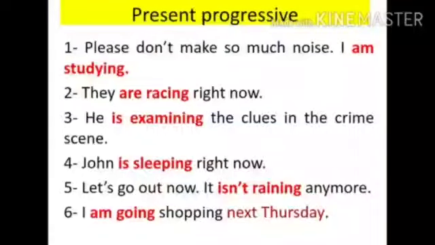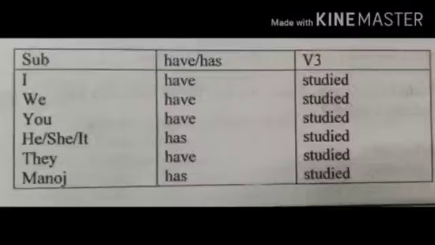In these examples, study, race, examine, sleep come with the ing forms. I am studying, they are racing, he is examining, John is sleeping. These four come under present progressive, right?